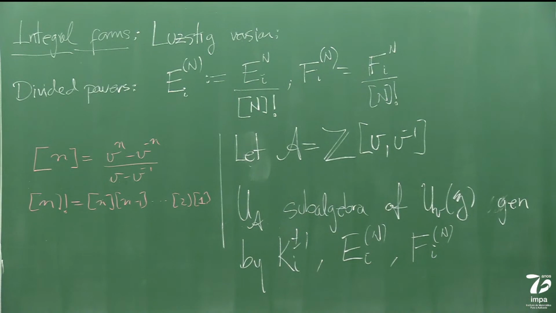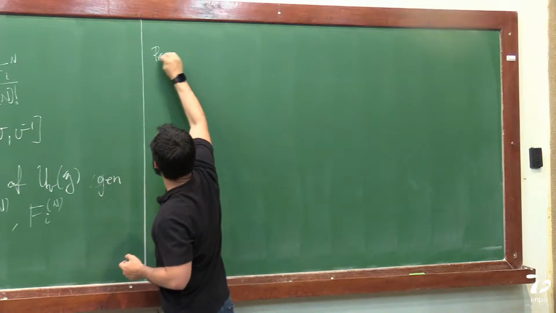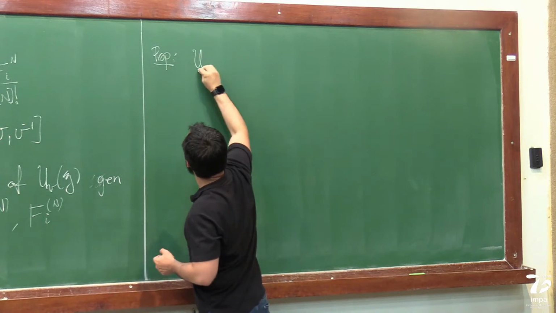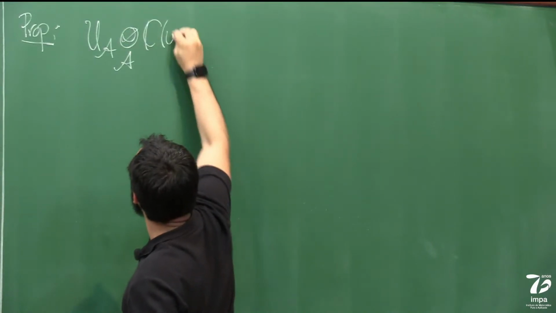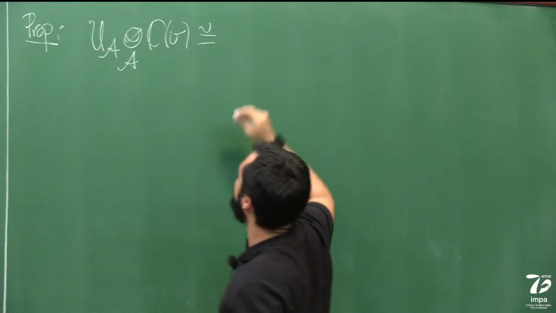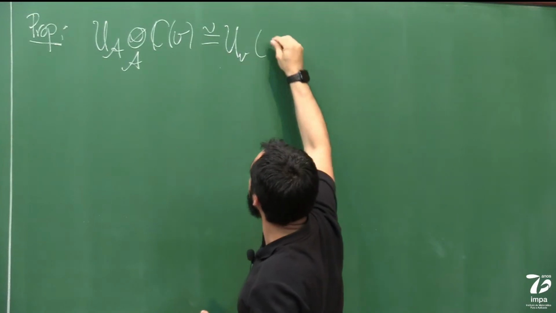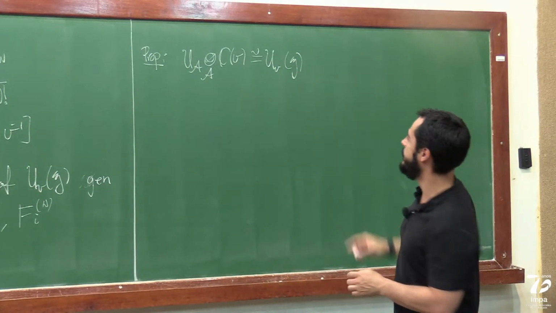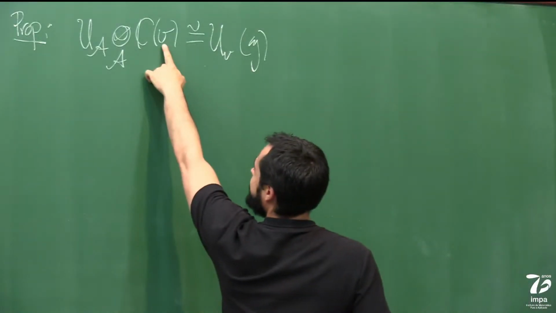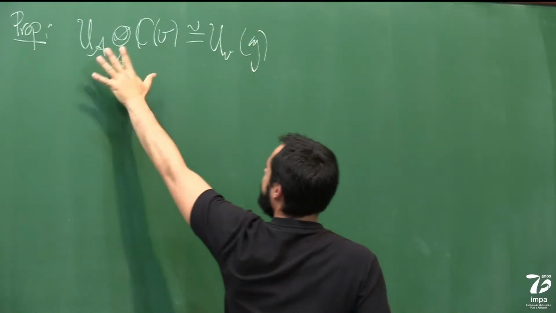It is possible to show that one of the properties of these guys is that U_A, when I tensor over A with this guy, is indeed isomorphic to my enveloping algebra. This is good, and this theorem is the one that allows me to replace this v by the number that I want, and this is done.